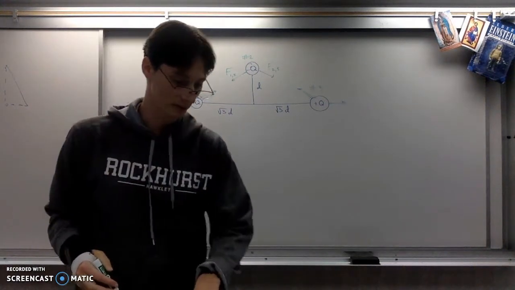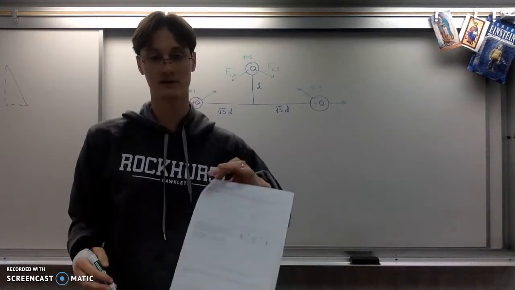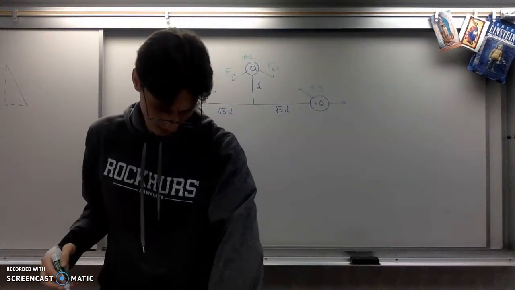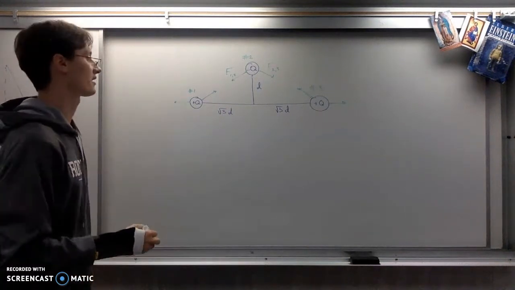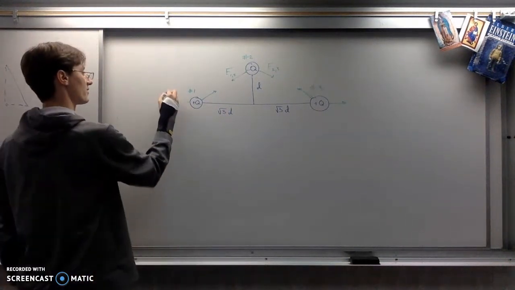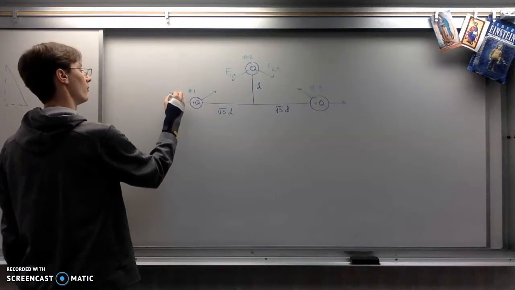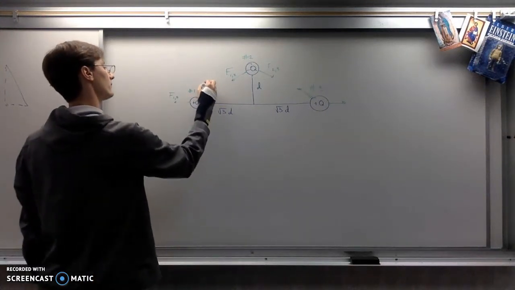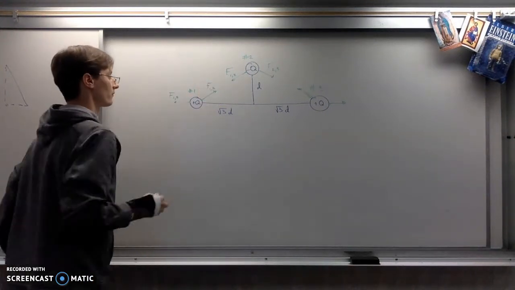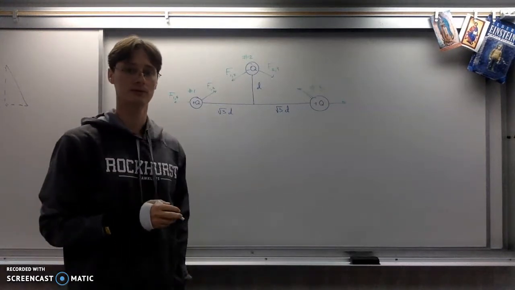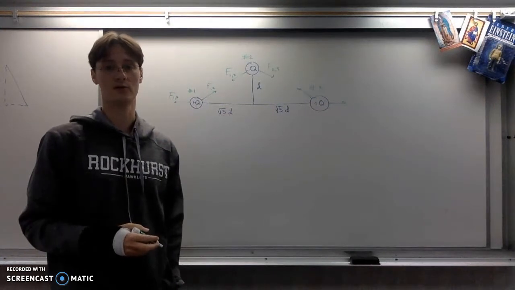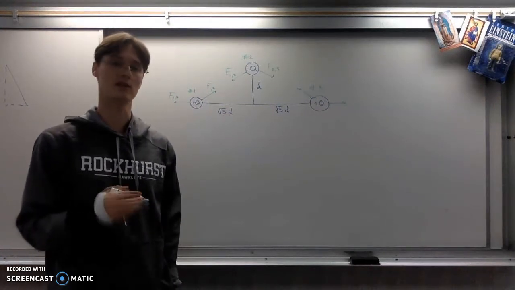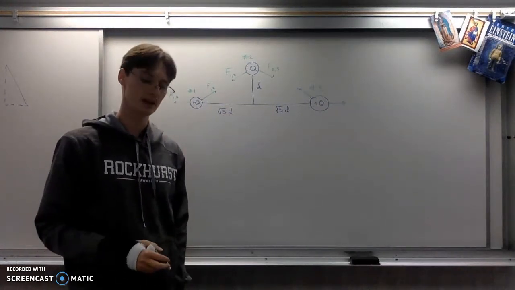The next part, part C, wants us to determine the total force on the left plus Q. So I guess I do need to name this force here F13. We'll have to come up with an expression for the magnitude of the force on it, and then determine each of the components acting on it.